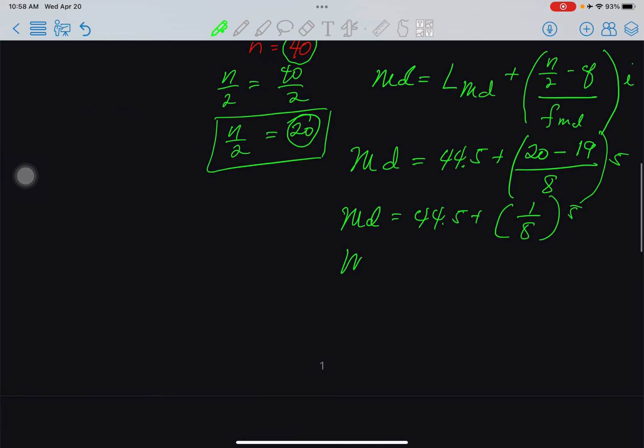So median is equal to 44.5 plus 5 over 8. Then 5 divided by 8 is 0.625, so median is equal to 44.5 plus 0.625.